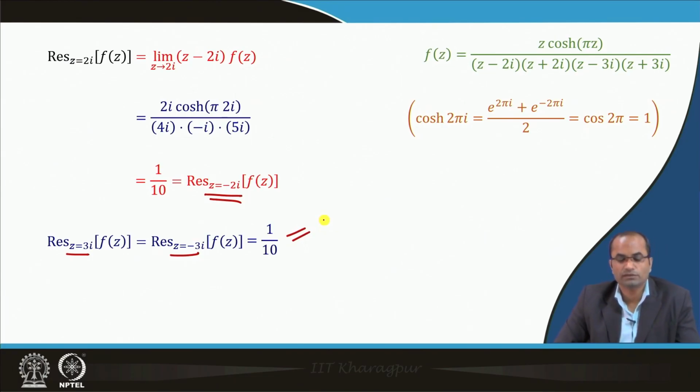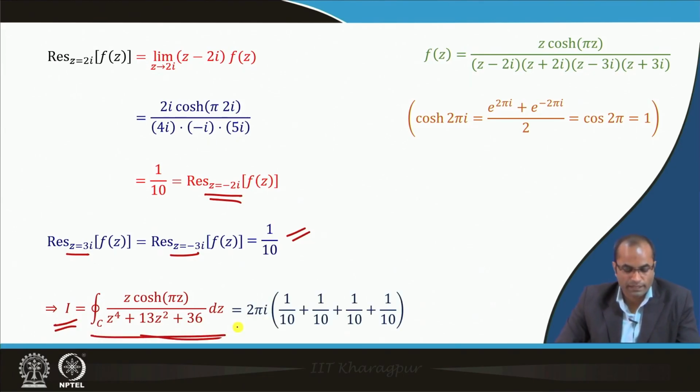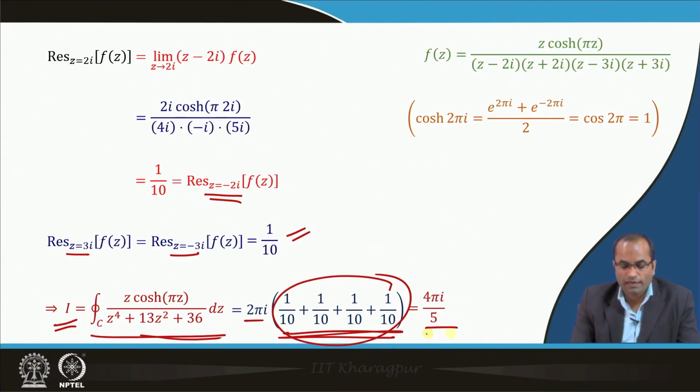So, all the residues at all these simple poles have the value 1 over 10. So, we can now evaluate this integral, which is 2 pi i times the sum of all these residues, each of which is 1 by 10. So, we have 4 by 10 here, and then 2 pi i. So, the final value of this integral is 4 pi i by 5.